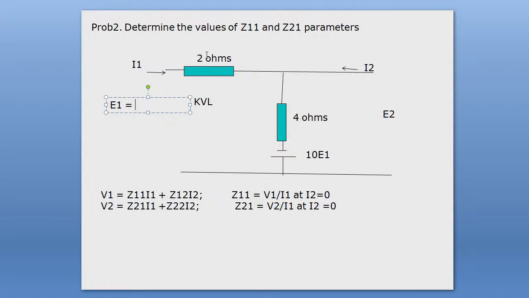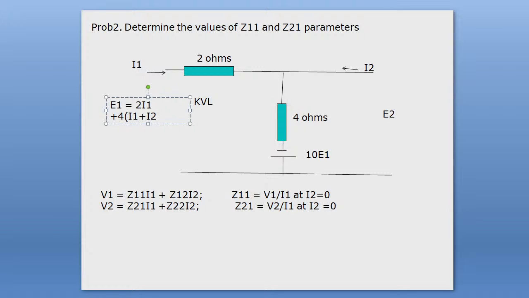The voltage across this 2 ohm resistance is 2I1. Then plus 4 ohm resistance, so 4 into (I1 plus I2), the total current.